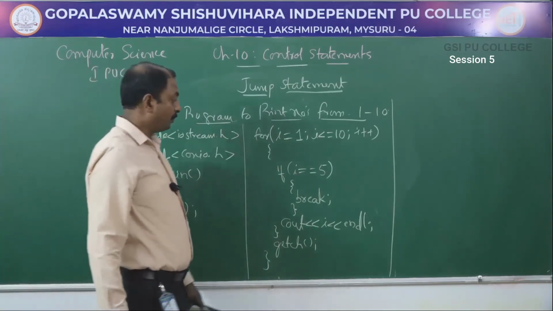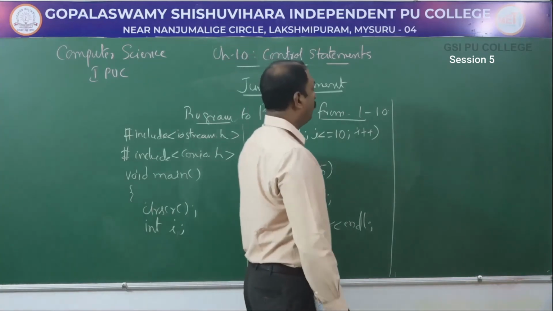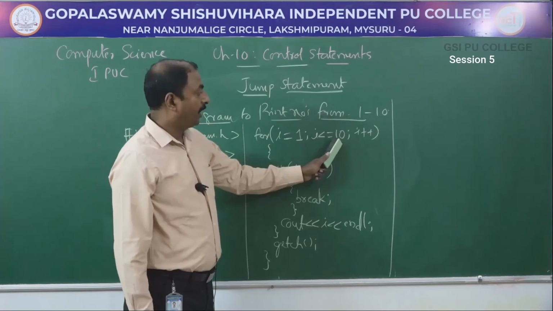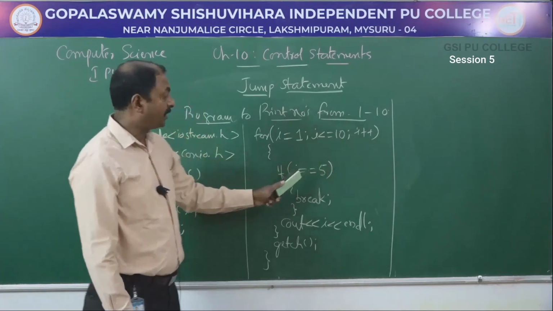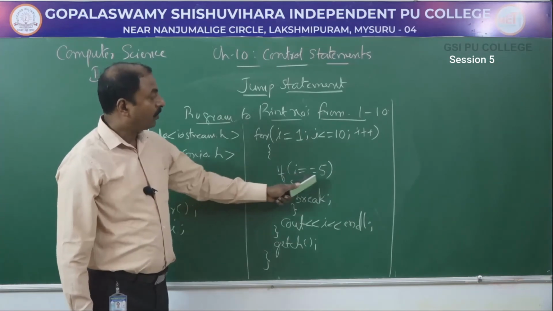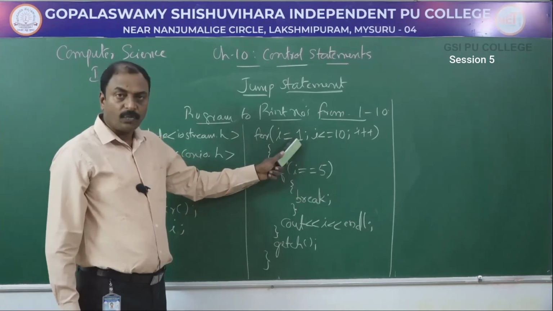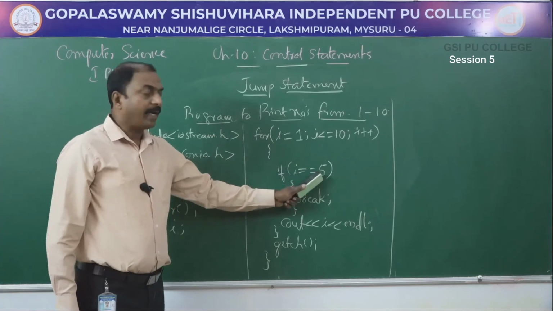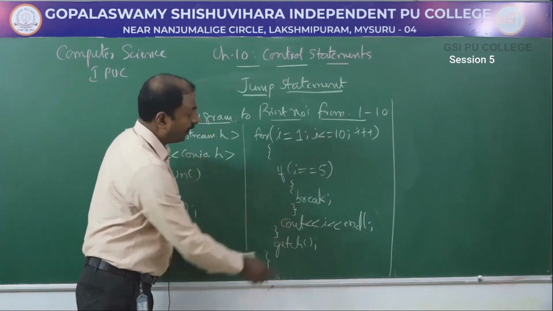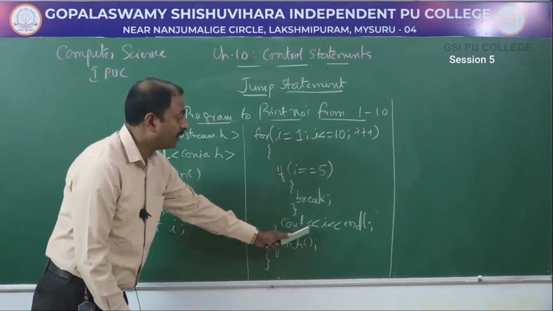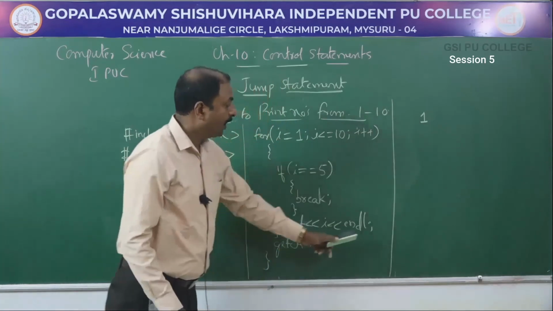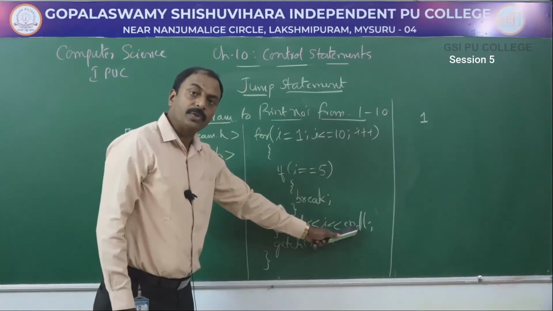Now let us see how this program is going to execute. First time, when i value is 1, the condition is true, it enters the loop. When it enters the loop, there is one more condition here, i equal to 5. First time, the value of i, 1, is not equal to 5. The condition fails, it will not execute the break, it executes the next statement, cout i. So it's going to print 1. And because of endl, the control goes to the next line.